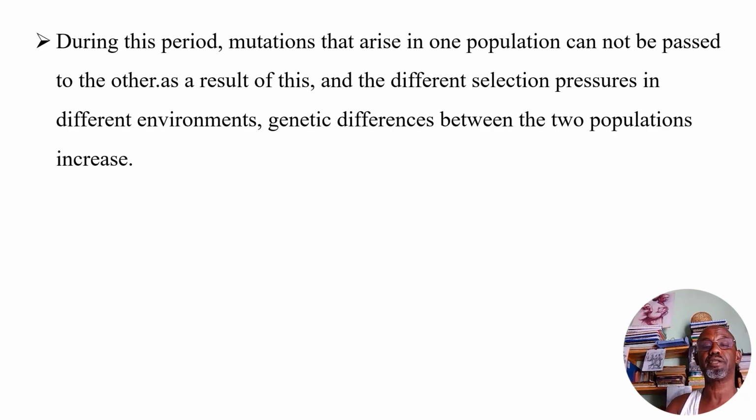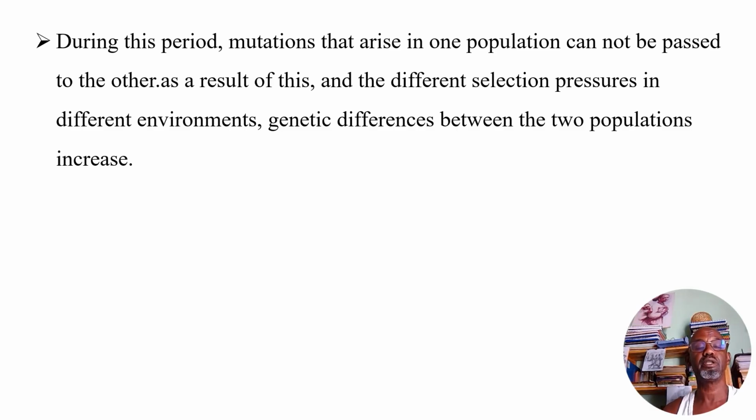As a result, and because of the different selection pressures in different environments, genetic differences between the two populations increase. Over time, each subpopulation has its own gene pool, which is different from the other, so that if you bring them together, they can't reproduce.